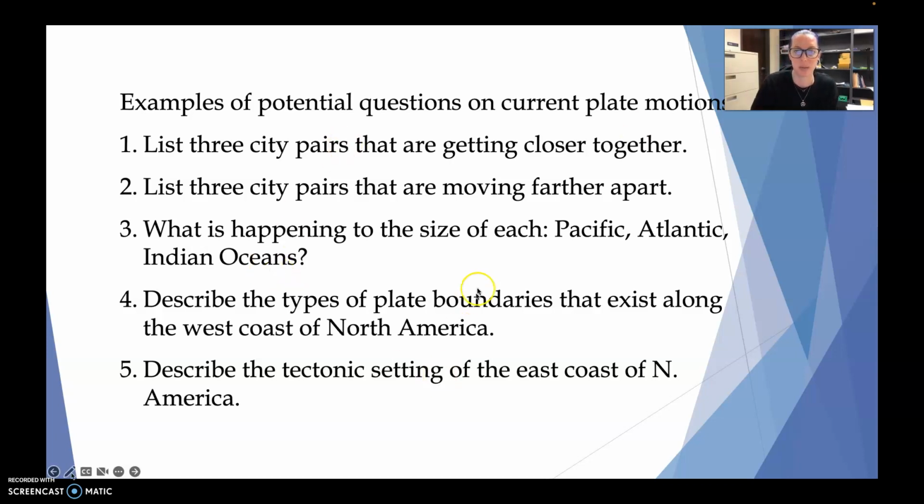And then describing the types of plate boundaries that exist along the west coast of North America and how you know that. What are some of our geological features that tell us what plate boundaries we're on, especially considering San Francisco in particular. And then describing the tectonic setting on the east coast of North America. What's kind of cool is we will journey into some of the other consequences that we would see under the water as opposed to above water.